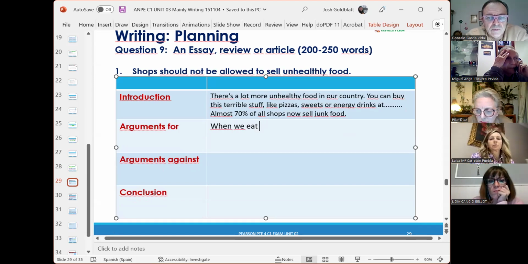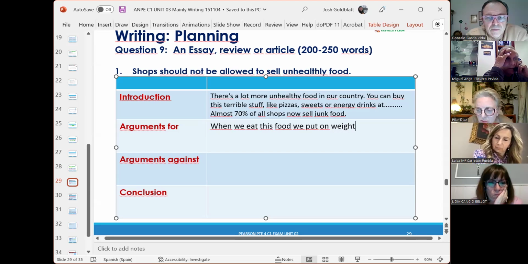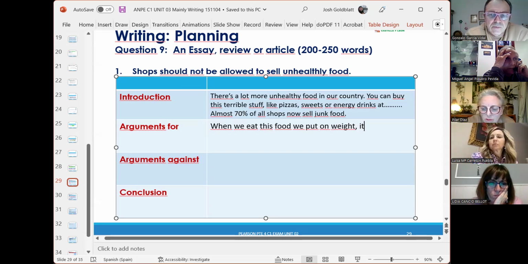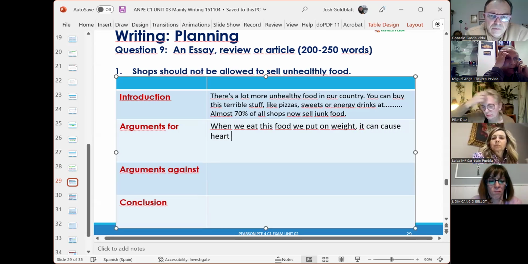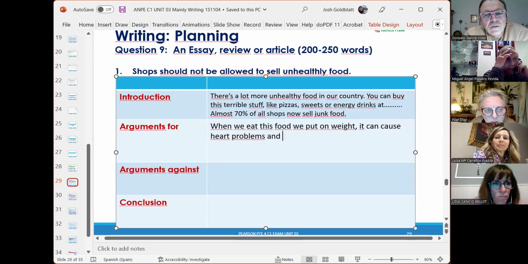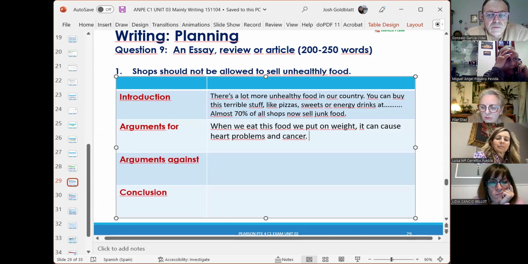When we eat this food, we put on weight. Yeah. It can cause heart problems and cancer. Perfect. Good. Right, that's one argument. That's a very good argument.